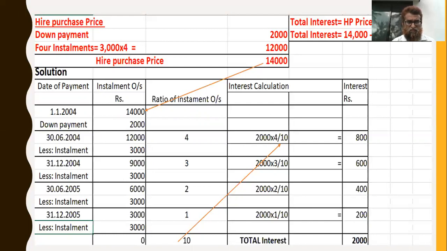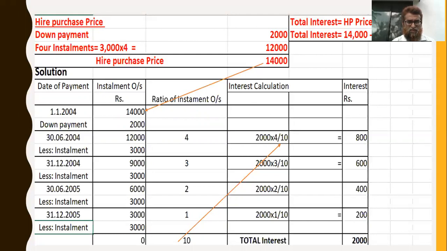Now first you write the date 1/1/2004. That is the date of signing the hire purchase agreement. The hire purchase price should be written there as shown by the arrow mark, 14,000 rupees. Down payment is 2,000. Deduct it. Then by the end of 6 months, it is a 6-month installment. So by the end of 6 months, that is 30/6/2004, the balance of amount outstanding will be 12,000.